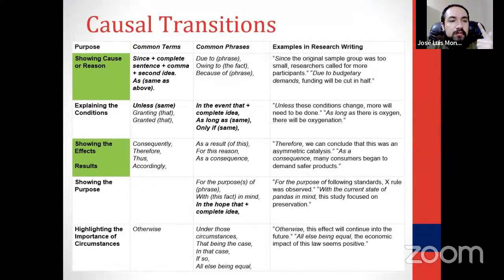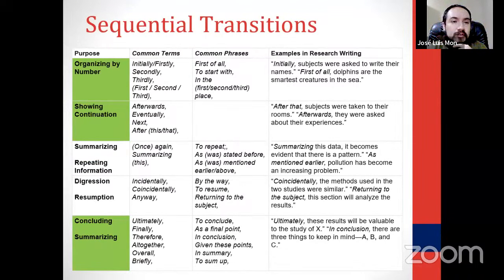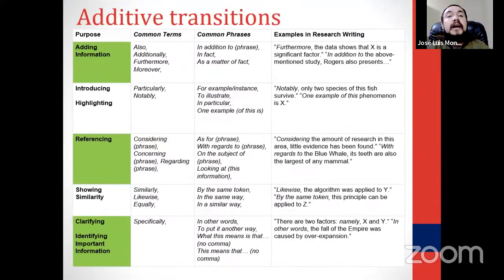Causal transitions have 5 subcategories. And sequential transitions again have 5 subcategories. Let's begin with additive transitions. I'm just going to read some of these examples. And again, we have to remember that we can use this to connect ideas. This is part of writing. The main idea would be practicing writing, but at least I'm going to give you this.